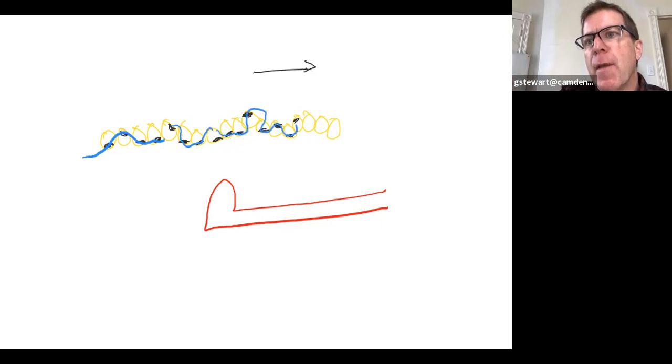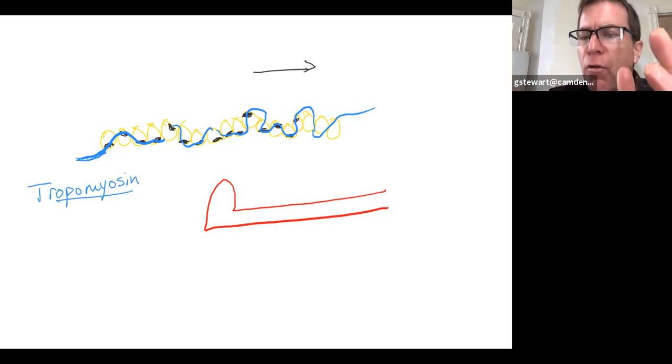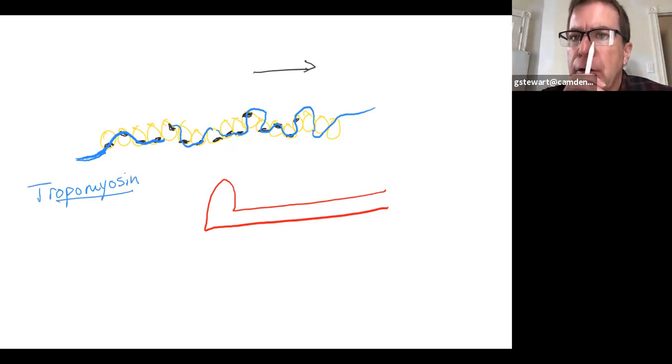It looks like a grapevine just sort of wrapping around the actin molecule. This protein that I've drawn, the grapevine protein, is called tropomyosin. Its sole function is to cover the active binding sites on actin. So when our muscles are relaxed, it looks like my picture right now.